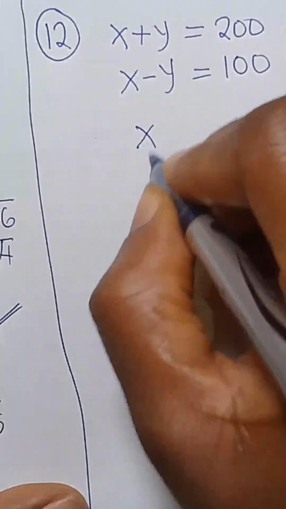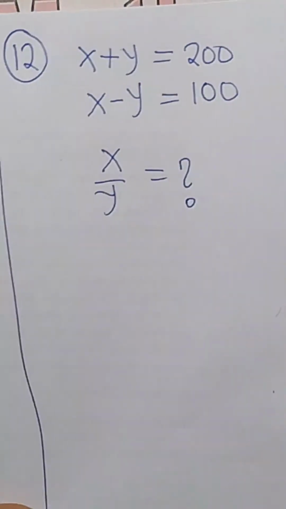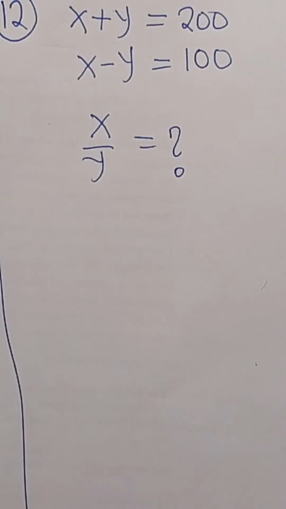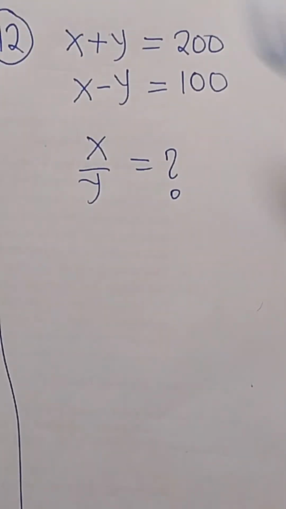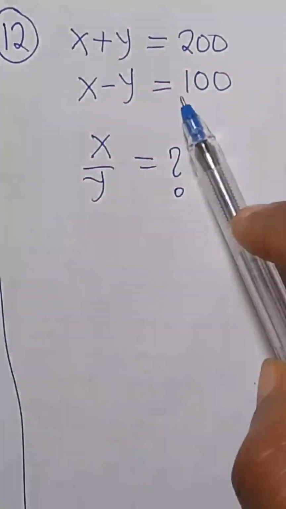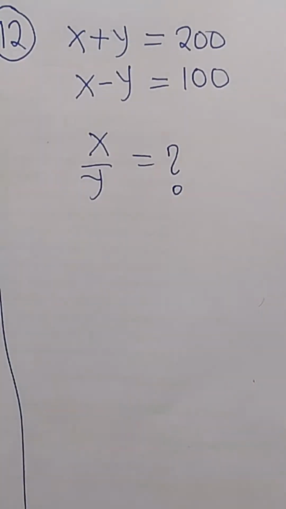Then x over y is equal to what? Solve this and drop your answer. All right, Stanley. You're given x plus y equals 200, x minus y equals 100. X over y is what? Solve it and drop your answer, please.